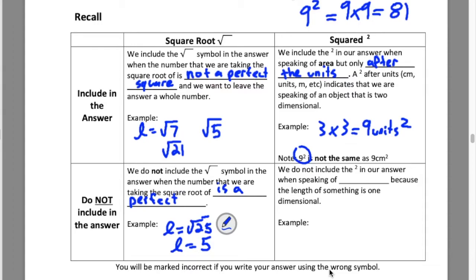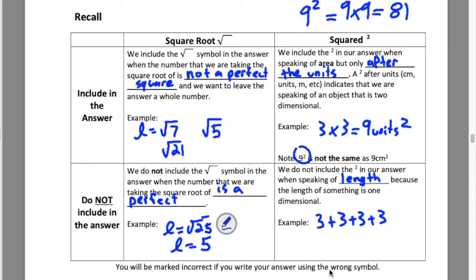Okay? It says for the next part that we do not include the squared in our answer when speaking of length. So when we're talking about just a line segment, we don't do that because the length of something is only one-dimensional. So if I'm trying to find the perimeter of, say, that same square that had side lengths of 3, well, I would say that's 3 plus 3 plus 3 plus 3 because I know that there's 4 sides to a square, and if it's a square, they're all the same.